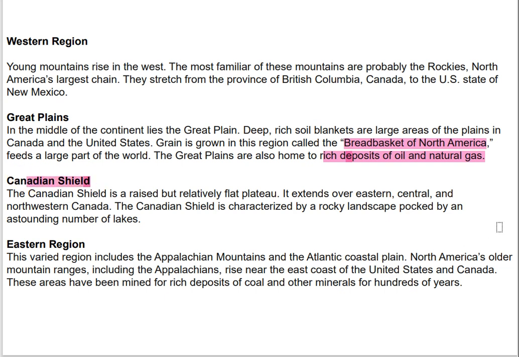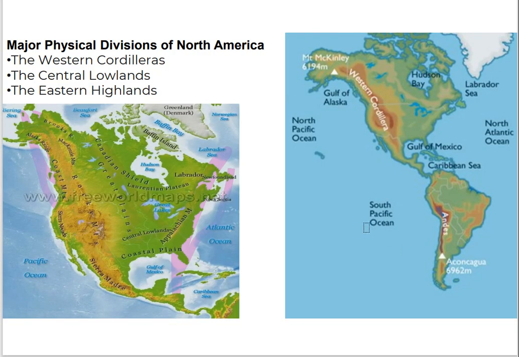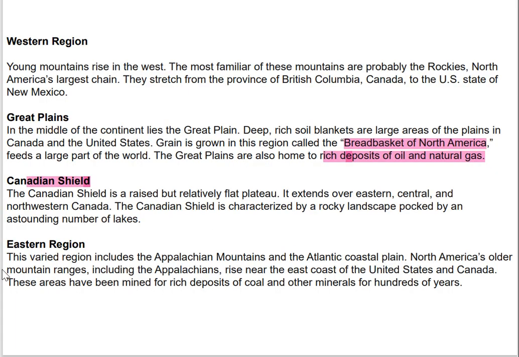Thereafter comes the Canadian Shield. What is the Canadian Shield? If you see in the picture, there is a physical, geographical formation which forms like a shield. That's why it is called the Canadian Shield. The Canadian Shield is a raised but relatively flat plateau. It is higher than the oceanic sea level, but it is a flat plateau. It extends over eastern, central, and northwestern Canada.